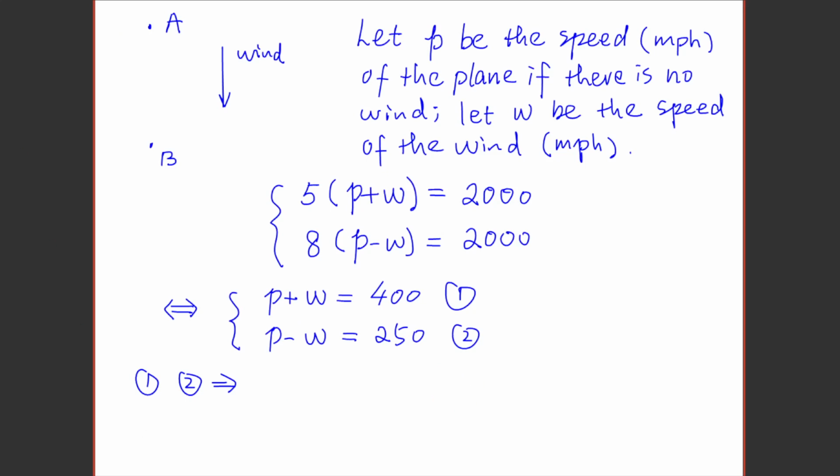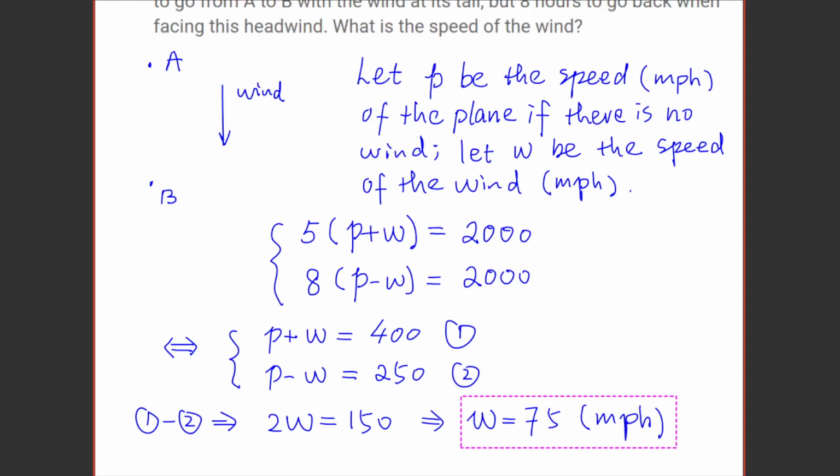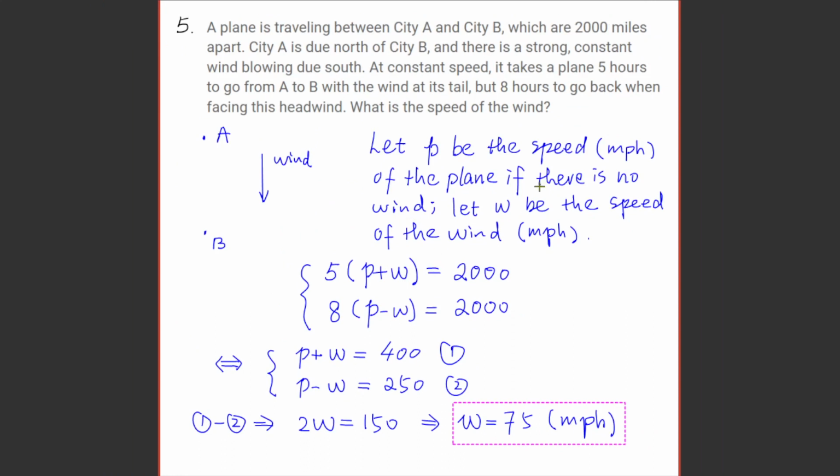So we could use equation number 1 subtracted by equation number 2, and this gives us 2W equals 150. And then we can solve the speed of the wind, W equals 75, and the unit is miles per hour. So we could conclude the speed of the wind is 75 miles per hour. And again, you don't have to solve the speed of the plane without the wind, because the question only asks the speed of the wind, right?